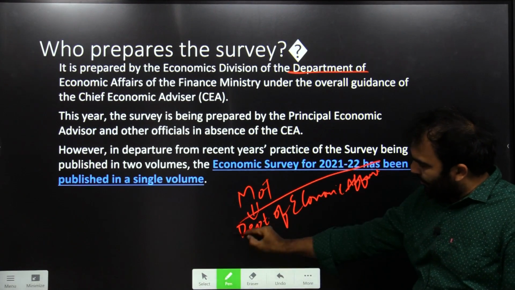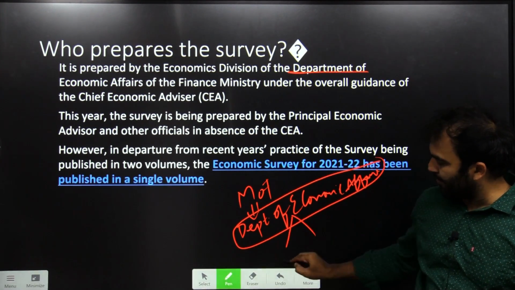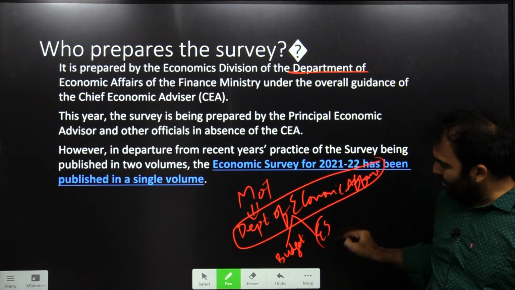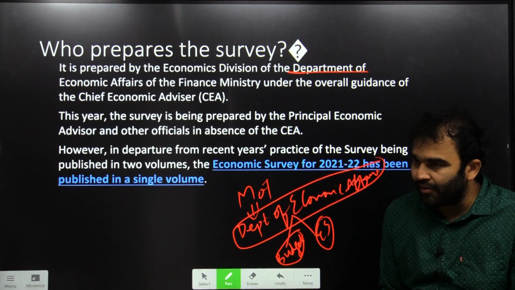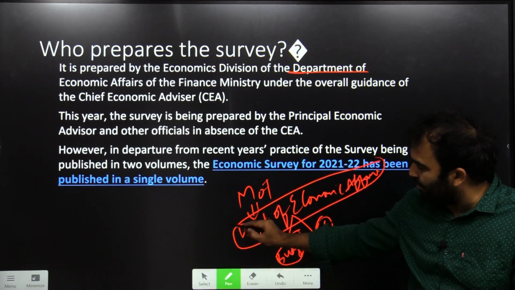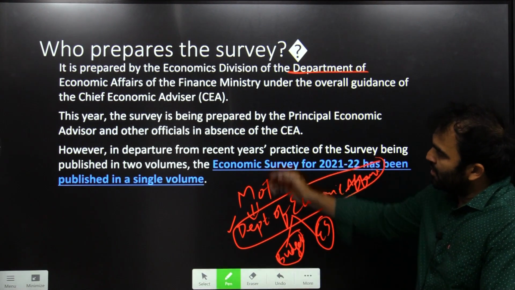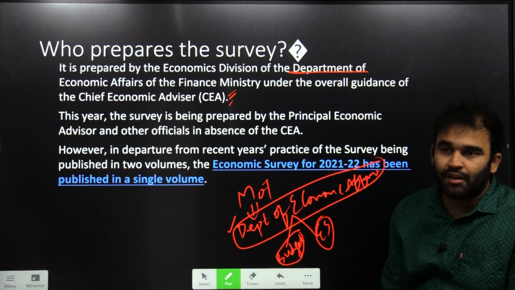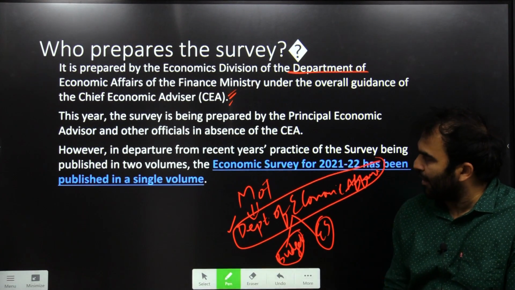It's the Department of Economic Affairs which prepares both the budget and economic survey. You have a budget division under the department and an economic survey division. So both of them are prepared by the Department of Economic Affairs. Of course, one of the chief economic advisor's important responsibilities is to provide this survey for the government.